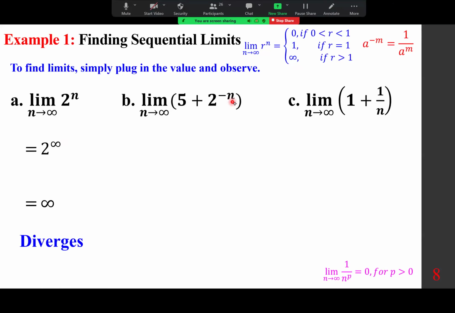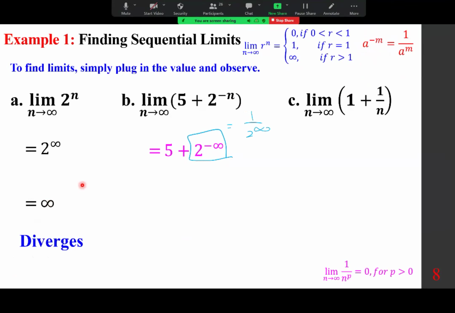In this case, we plug in. Now, what is 2 to the power of negative infinity? Using exponential rules, a to the power of minus m is 1 over a to the power of m. This is the same as 1 over 2 to the power of infinity.